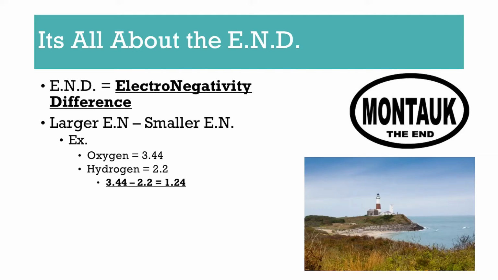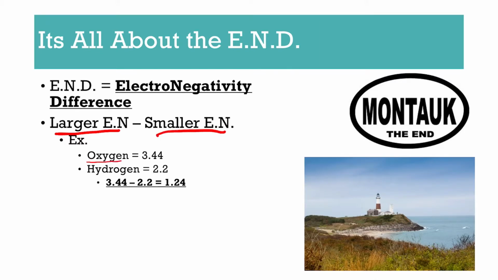And the way you can figure that out is the END. So END stands for electronegativity difference. And this is super easy to calculate if you remember that electronegativity values are on table S. So you always do the larger electronegativity minus the smaller electronegativity.